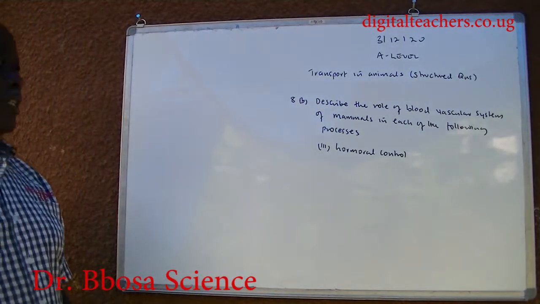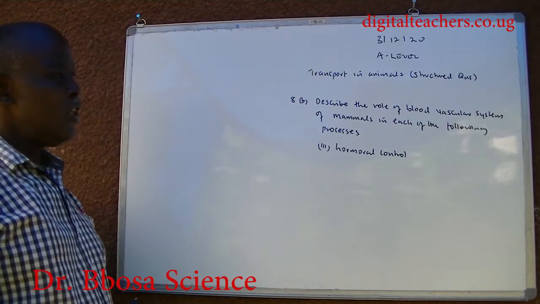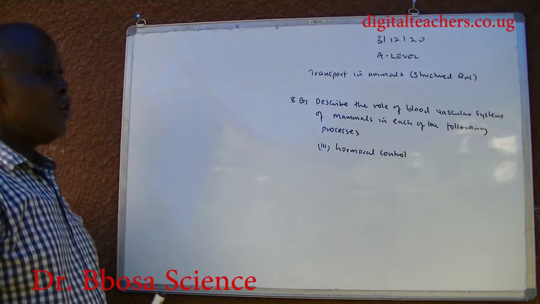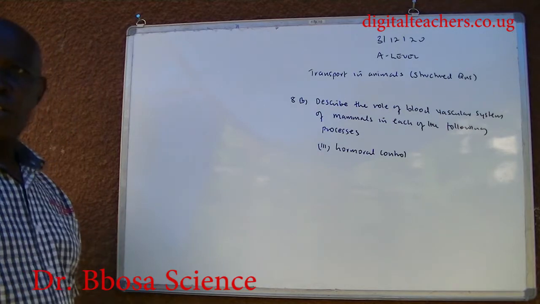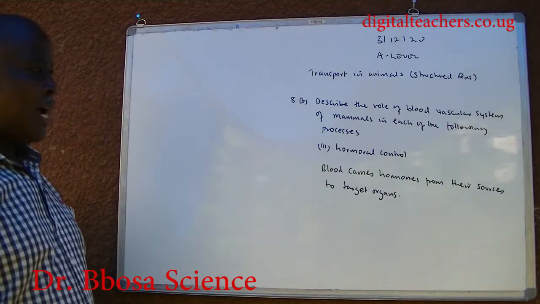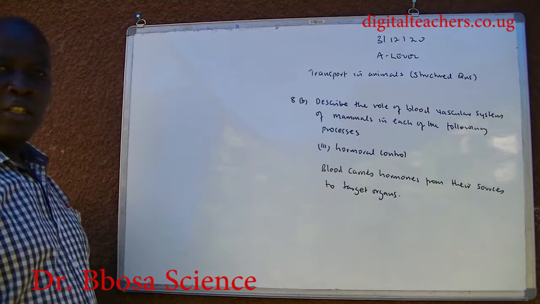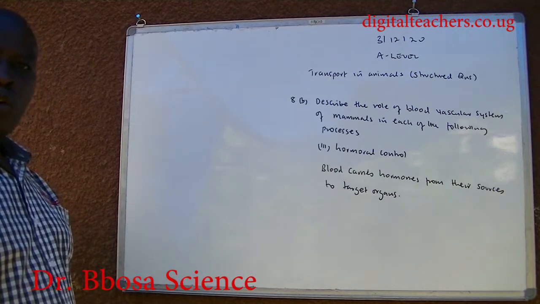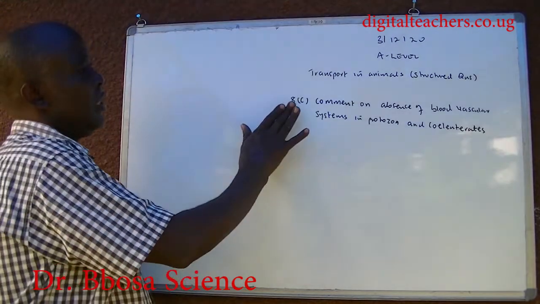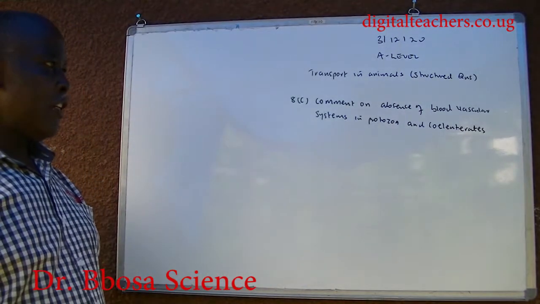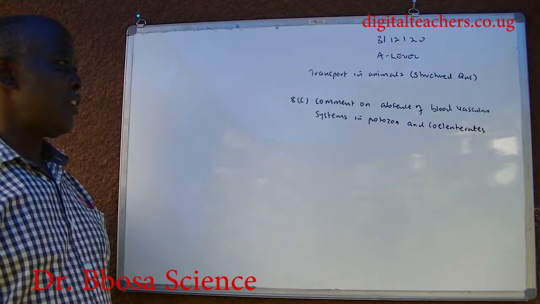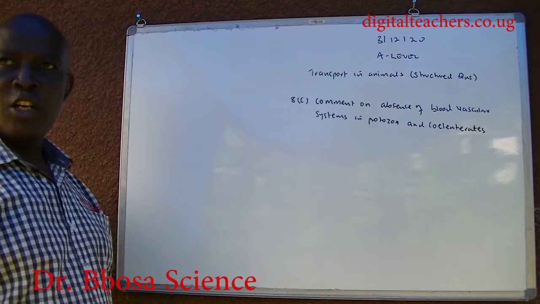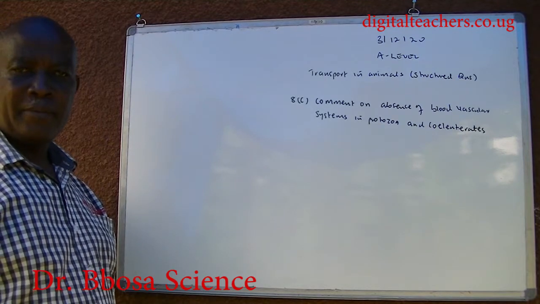Number 8b, part 3. Describe the role of the blood vascular system of mammals in hormonal control. Blood carries hormones from their sources to target organs. 8c, comment on the absence of a blood vascular system in protozoa and coelenterates. 1.